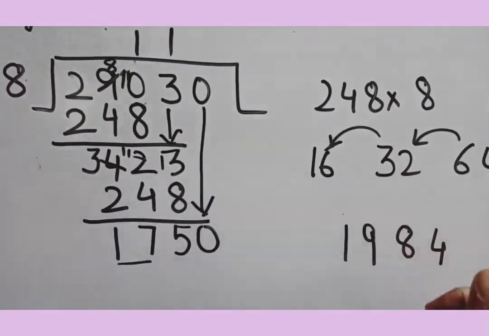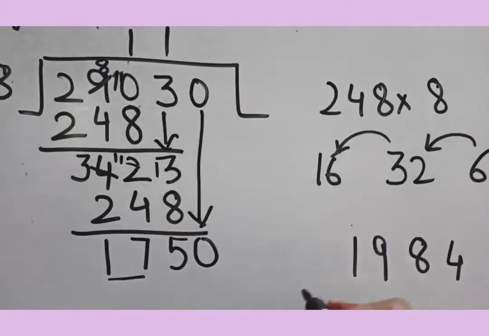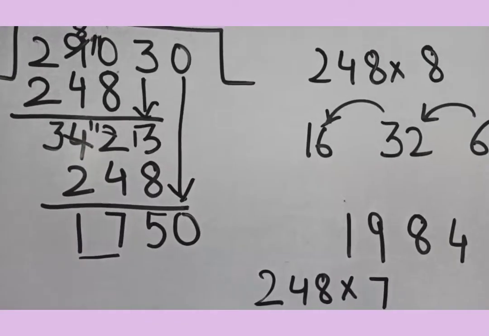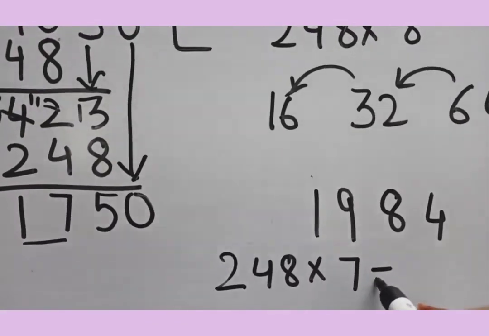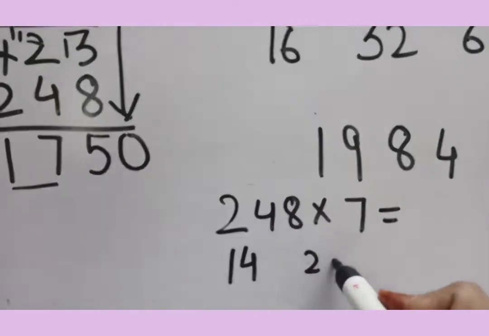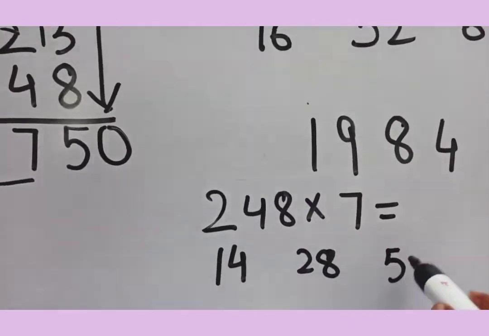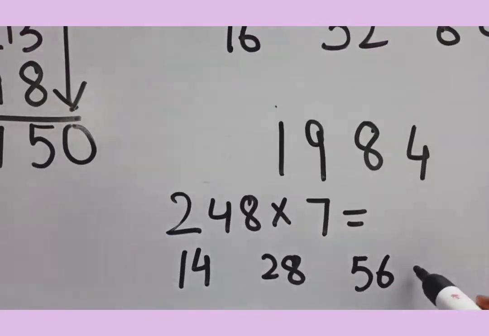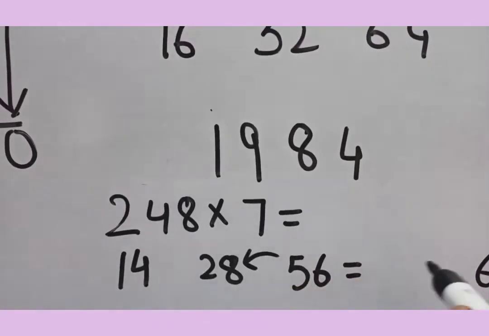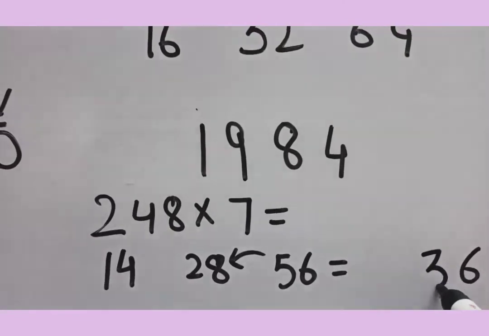Now I'll see for 248 sevens. Let's see for that also. Now when I write 14, 28 and 56, my final answer will be 6. 5 added to this number will become 33. So I'll write 3 here.